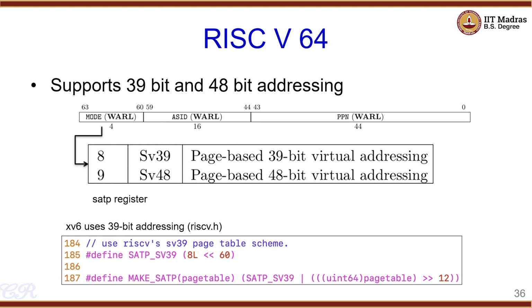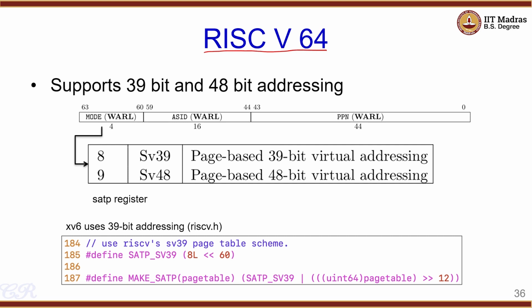So, we will go to the XV6 operating system that we are essentially studying. The XV6 OS which we are studying as part of this course essentially works on the RISC-V 64-bit platform, right.